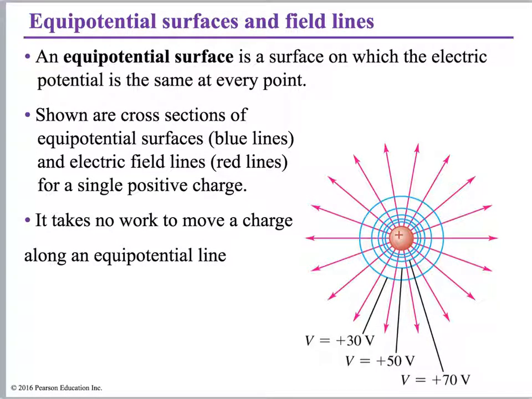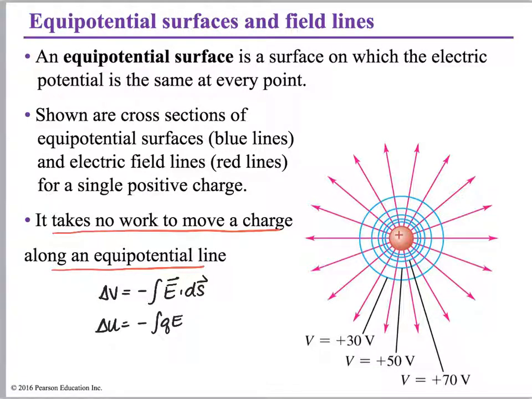Another thing that is actually true about equipotential lines is that it doesn't take any work to move a charge along an equipotential line. So going again from this idea, delta V is equal to minus E dot ds, just remember that where this came from was the definition of potential energy, which was minus QE dot ds, which was also equal to minus the work.